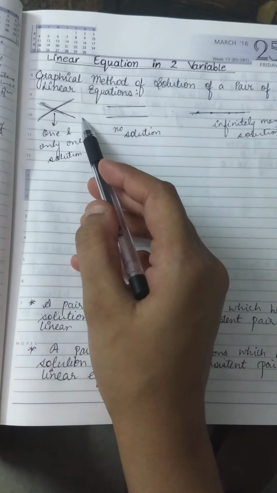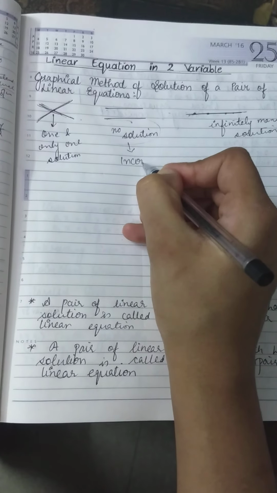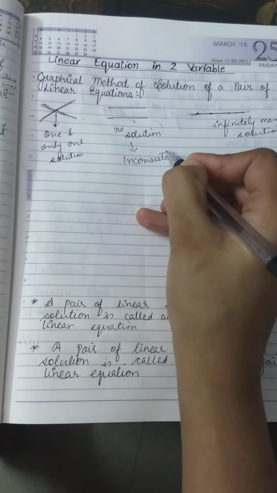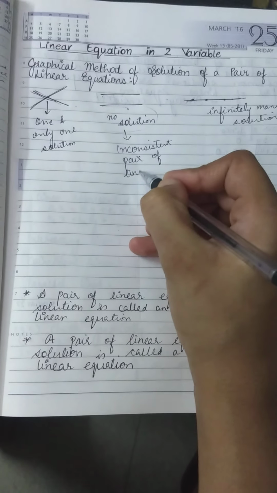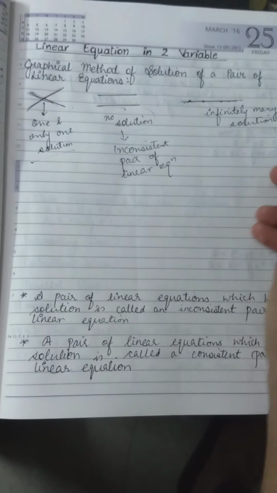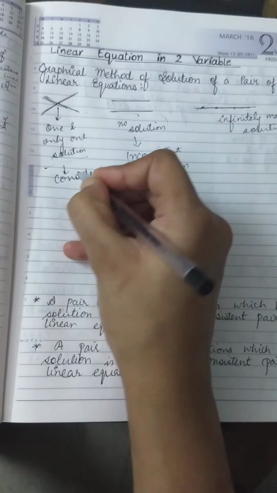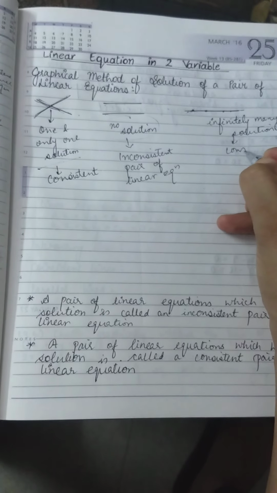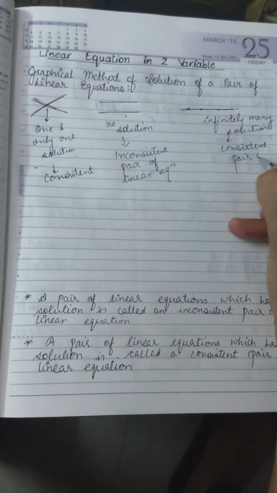When there is no solution, we call this pair of lines an inconsistent pair of linear equations. When there is one solution or many solutions, we call them a consistent pair of linear equations. This is also consistent and this is also consistent.